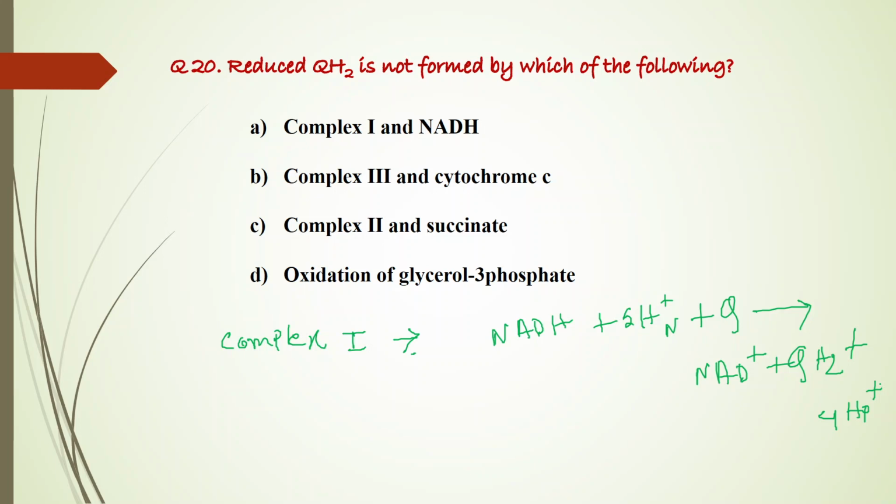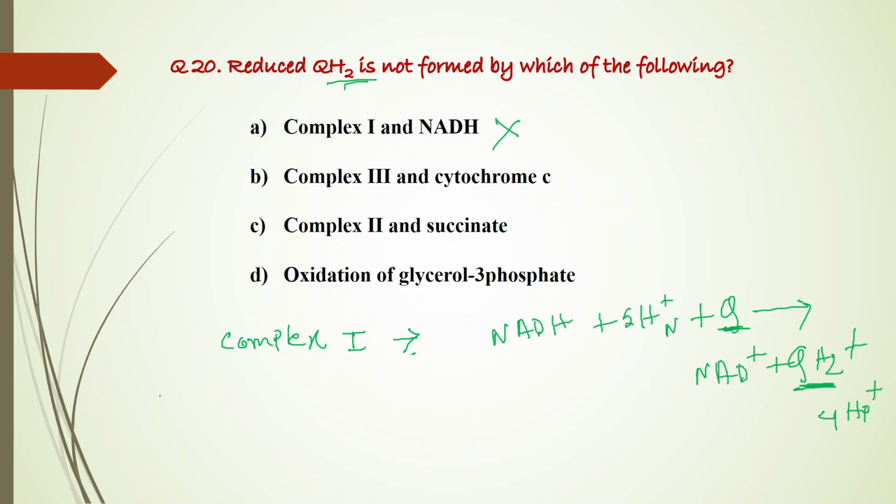That is the reaction for complex 1. So in case of complex 1, we get reduction of Q to QH2. So option number 1 is not correct, because here they are saying reduced QH2 is not formed, but we can see in case of complex 1 we have the formation of QH2.